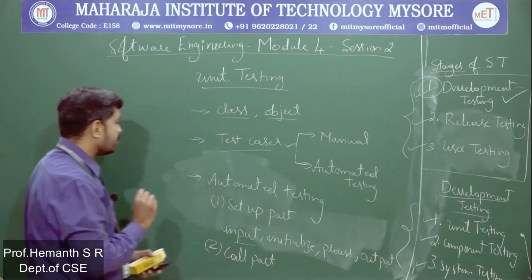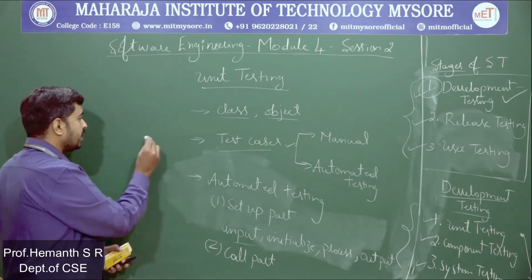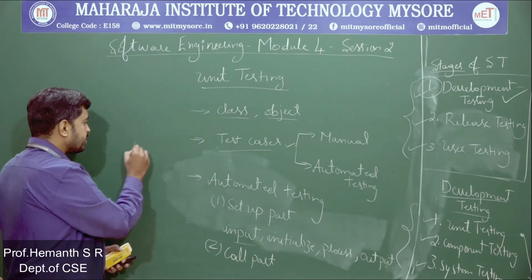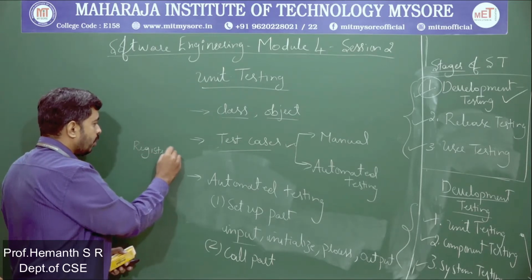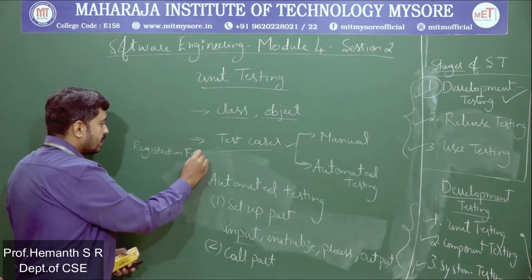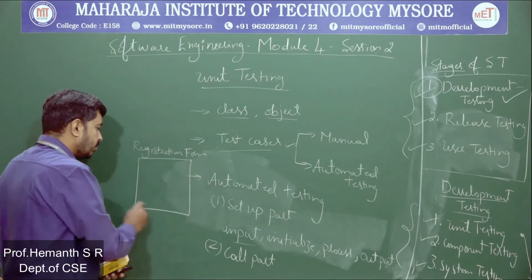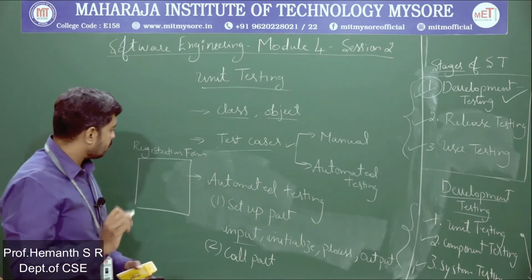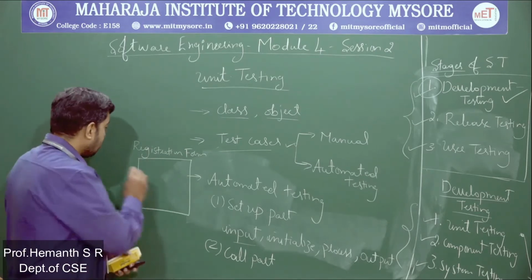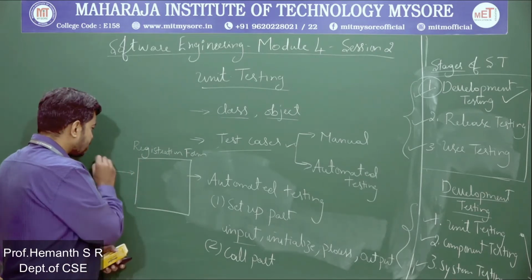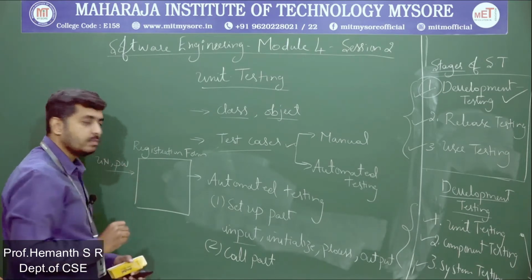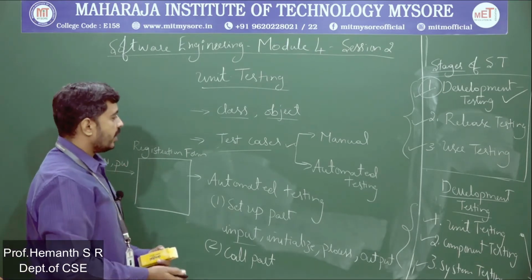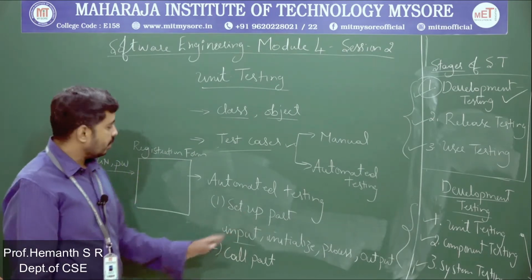For example, we will assume we have an object as part of a registration form. This registration form, we will treat as an object now, just for the purpose of understanding. This registration form is taking username and password as input.